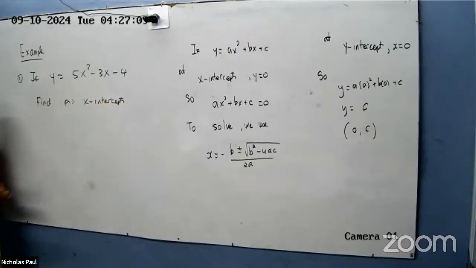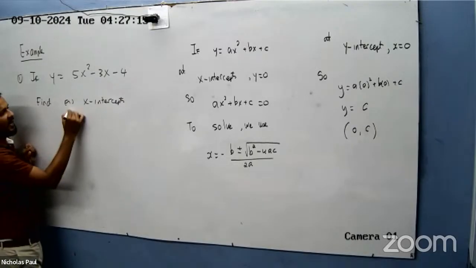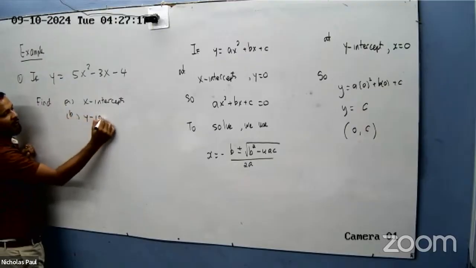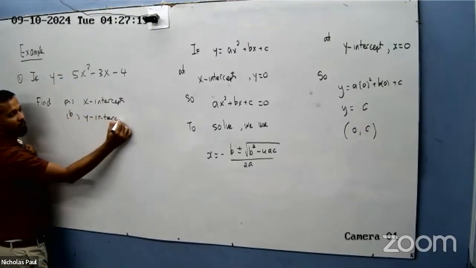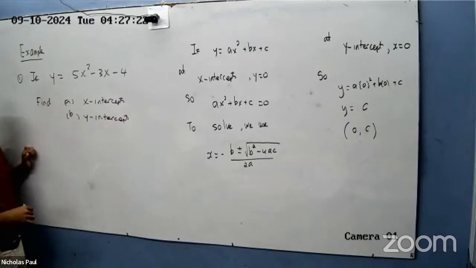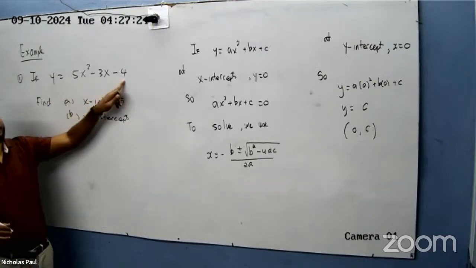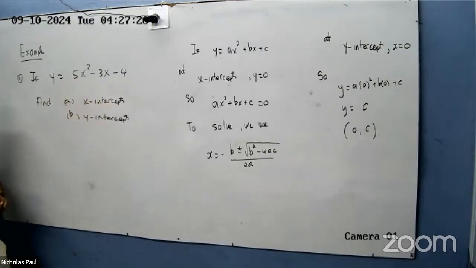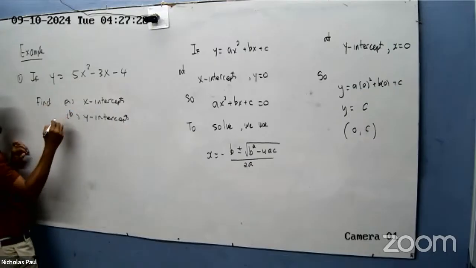Because remember, after you get x and y, you can draw that quadratic. You know everything about that quadratic, right? So you're finding the x, and then we're going to find the y. Y is easy, right? The y is 0, c. Let's practice getting the x-intercepts.